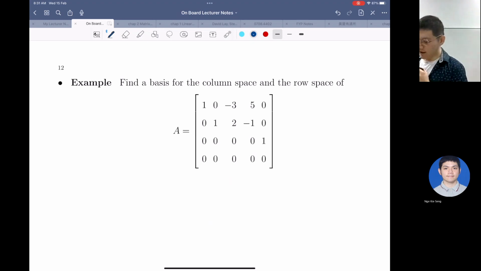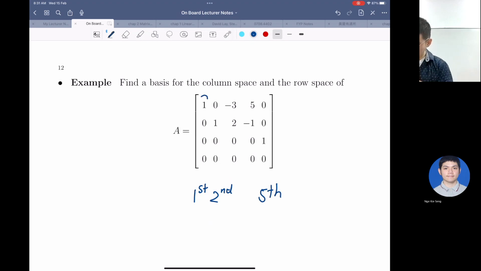Okay, let's take this A here. So you want to find the pivots. In this case, which columns are the pivots? First one, second one, and the fifth one. Okay.